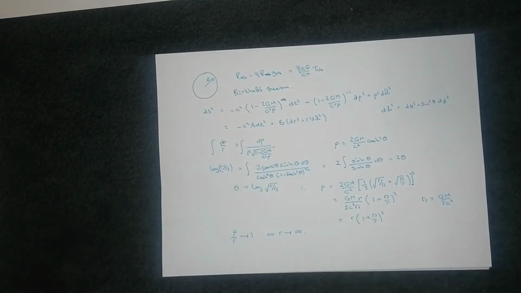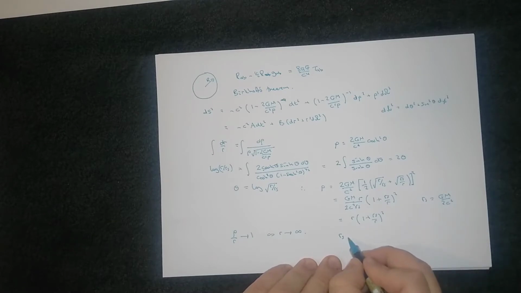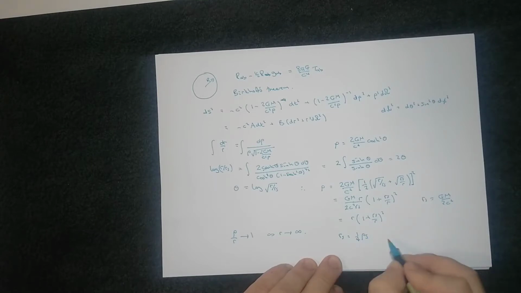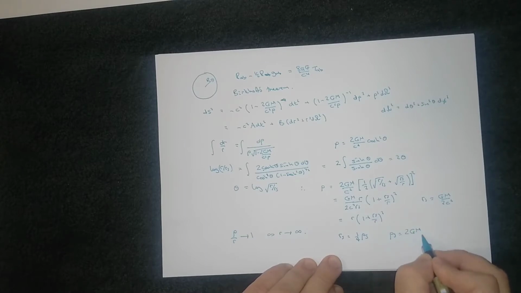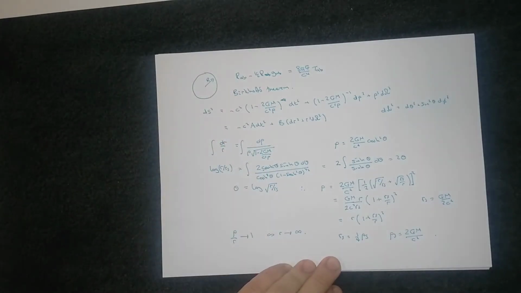So for large values of r, rho and r are essentially the same thing. r_s, you might notice, is a quarter of rho_s, where rho_s is 2GM over c squared, the Schwarzschild radius. So that's where this term goes to 0 and this one blows up.